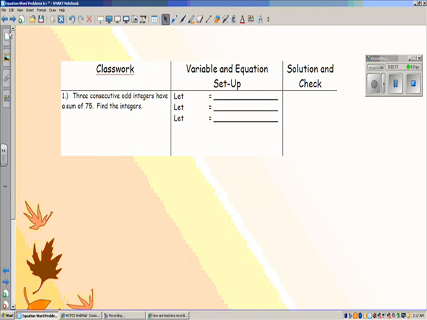Before we start doing this, let's go ahead and talk about some vocabulary here. It says 3 consecutive. Consecutive means back to back. For example, 1, 2, 3, 4, 5, 6, those numbers are consecutive because they occur right after each other. But this also says we need consecutive odd integers. What are odd numbers that are consecutive?